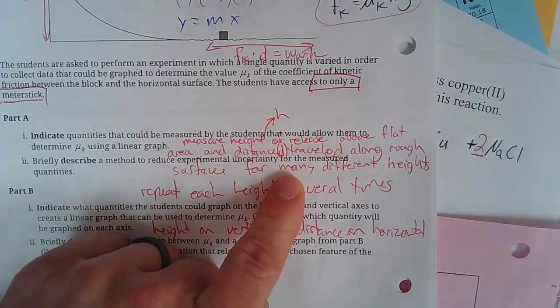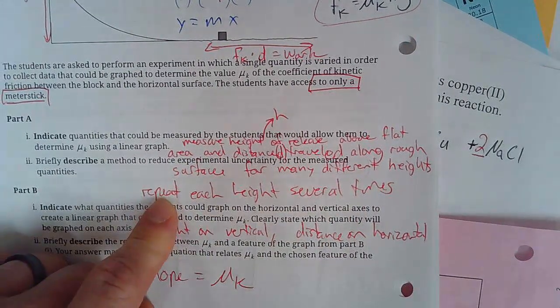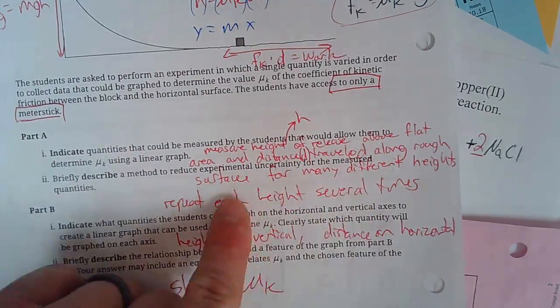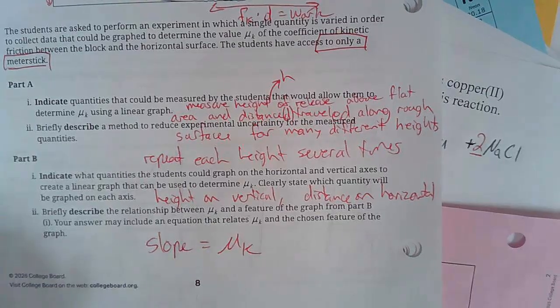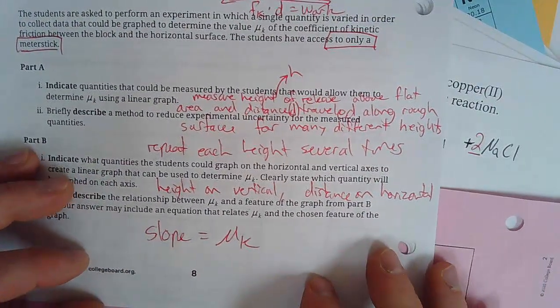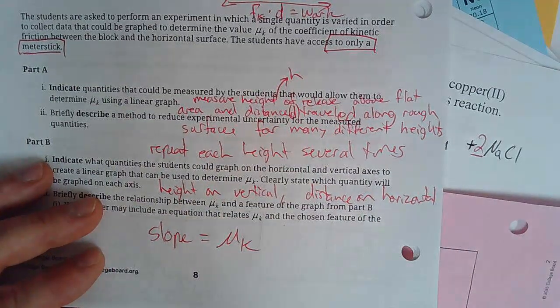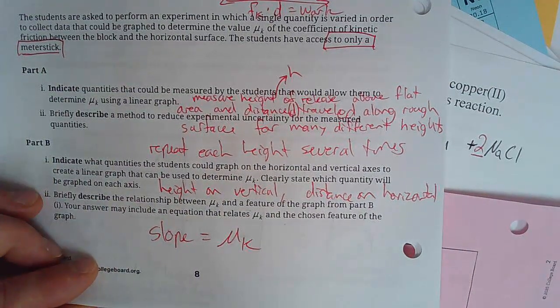Repeating actually isn't necessary if you said many different heights, but I went ahead and said both just to make sure. It doesn't cost me a whole lot, and you really don't have to do a whole awful lot to get the points available there.